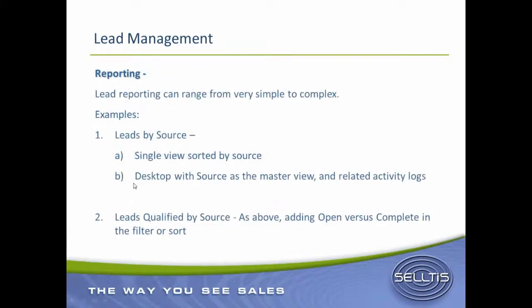Go back up here for a second. You may say that I want to see a desktop where the leads are qualified by a source. So you could say I sort them by source and then I add into the mix whether they're open or complete. And I'll show you that in just a second.